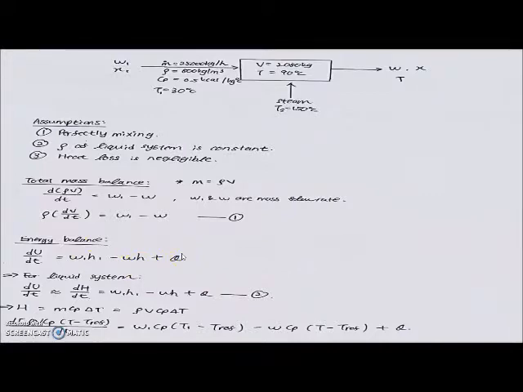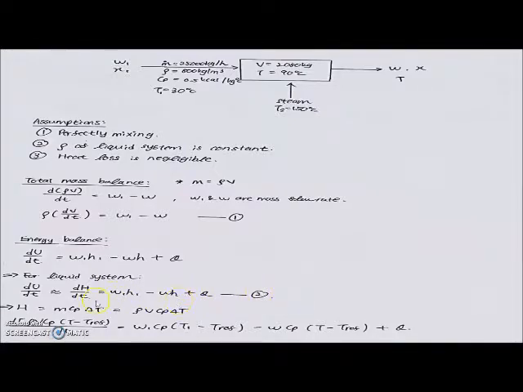In this case, the energy is added onto the system, therefore it's a plus Q. We know that for a liquid system, dU/dt is actually equal to dH/dt. So we can change this formula into this form: dH/dt equals W1H1 minus WH plus Q. Here is my equation 2.